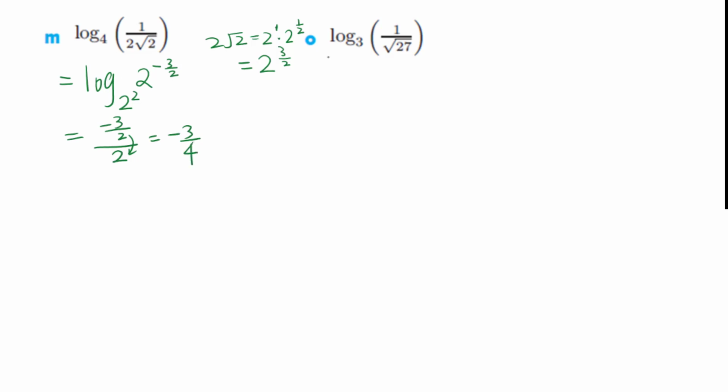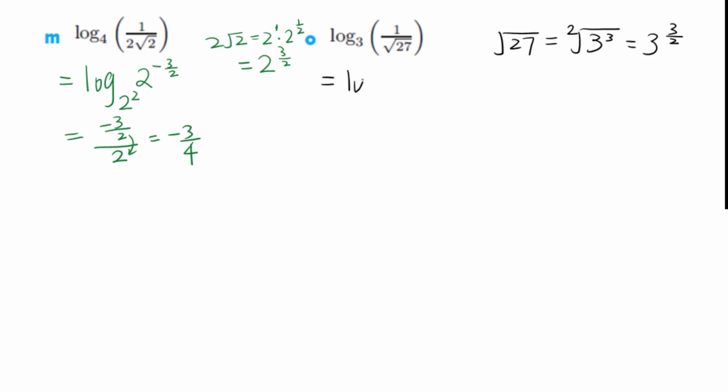Let's go to O. Log base 3 of 1 over square root of 27. Square root of 27, we can write down square root 3 to the third power. Square root, this is 2. So we have 3 to the 3 over second power. 1 over, which means negative exponents.